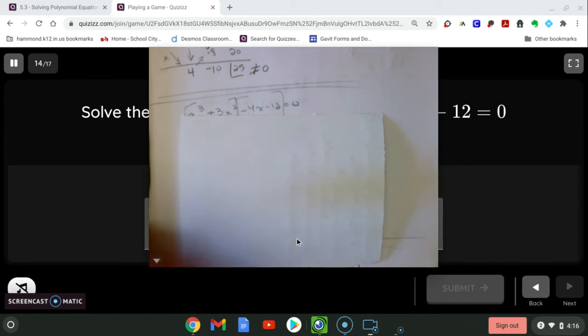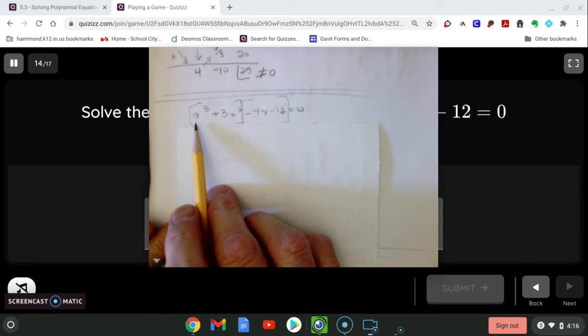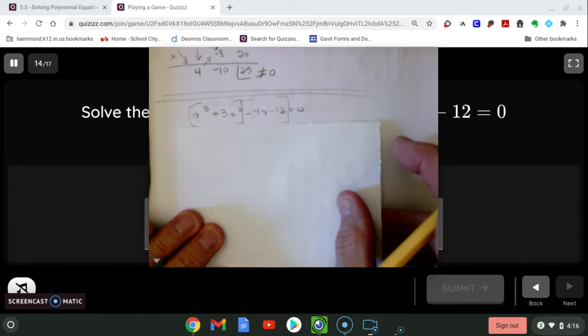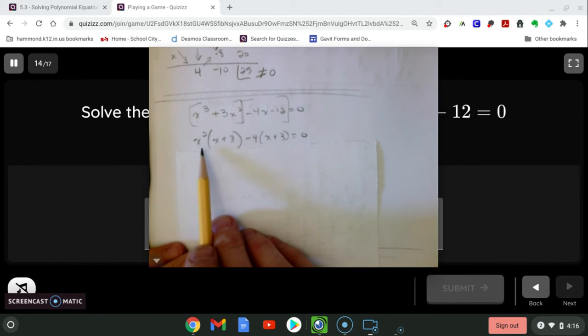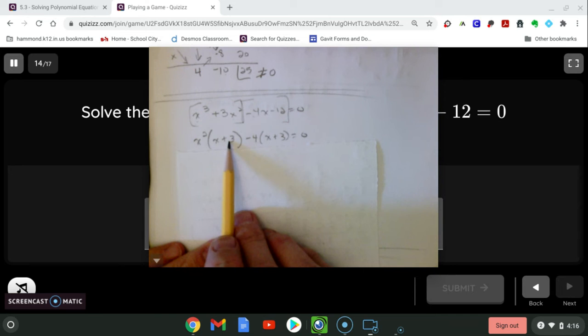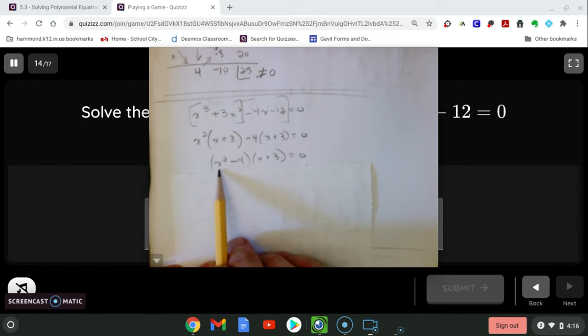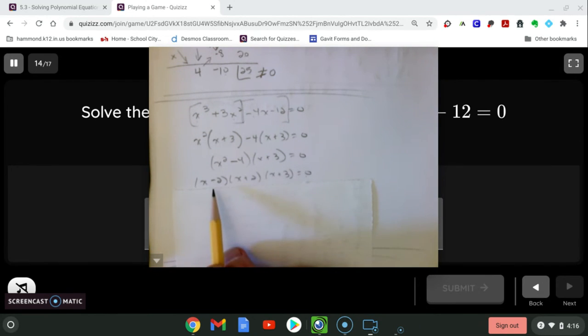So you may notice here that I used the exact same polynomial. All I did was write it as an equation. x to the third plus 3x squared minus 4x minus 12 equals 0. So we go through and we use factoring by grouping. x squared times x plus 3, negative 4 times x plus 3. x squared minus 4, x plus 3 equals 0. So x minus 2 and x plus 2, that's how this factors, difference of squares, times x plus 3.